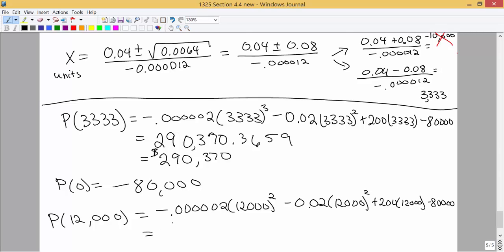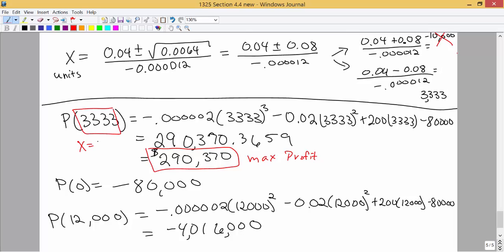And I put all that in my calculator and ended up getting negative 4 million and some change. So we can clearly see here that the maximum profit would be here. And that profit is maximized when we produce 3,333 units.